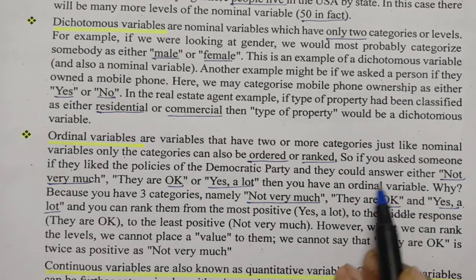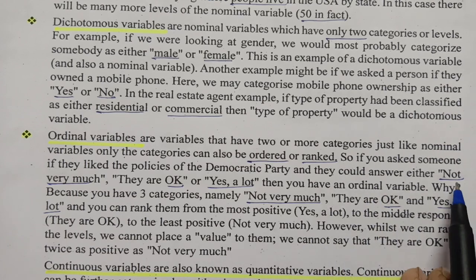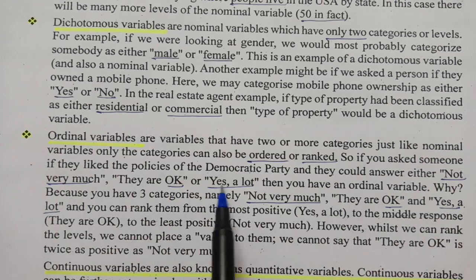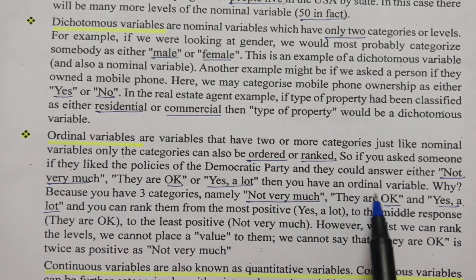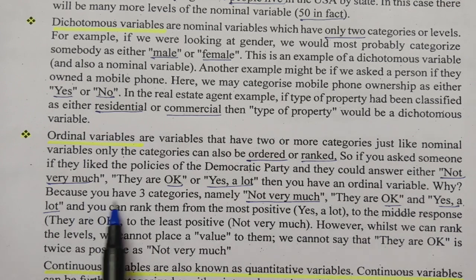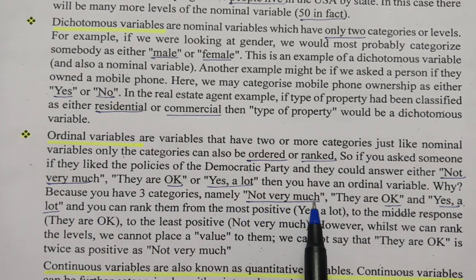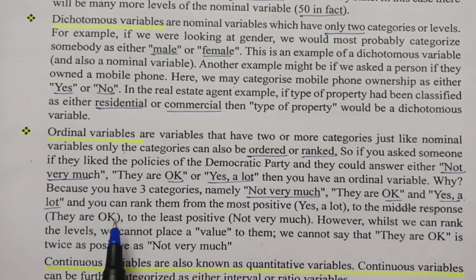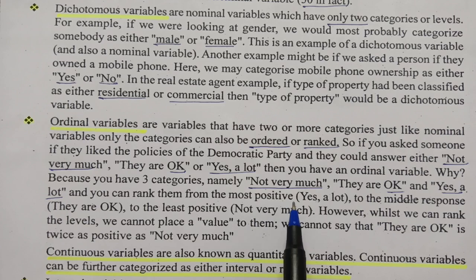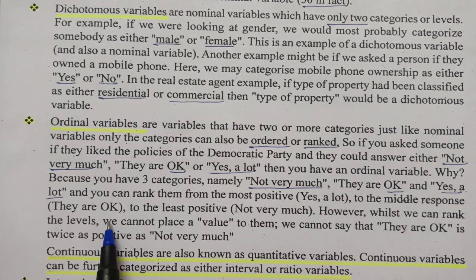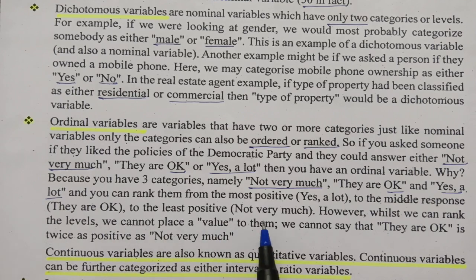For this ordinal variable, there are three classifications: not very much, okay, yes a lot. Why do we say this is an ordinal variable? Because you have three categories and you can rank them, from the most positive answer, yes a lot, to a middle response, okay, to the least positive, not very much.